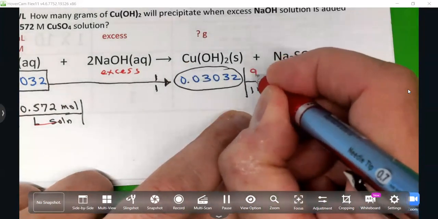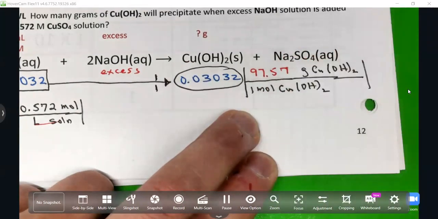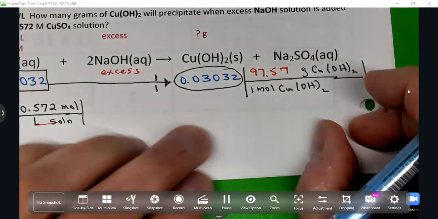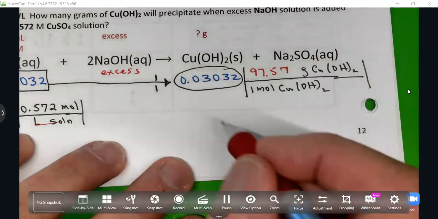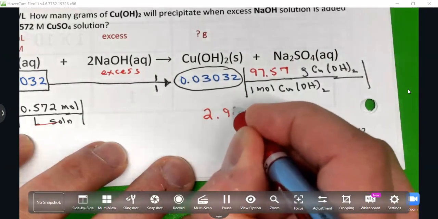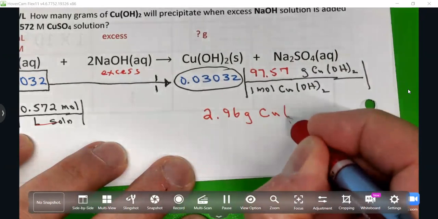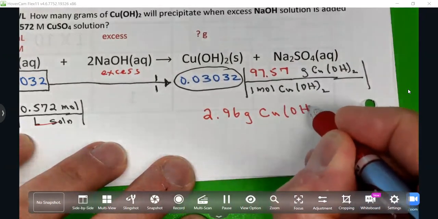All right, 97.57. So we get 2.96 grams of copper 2 hydroxide.